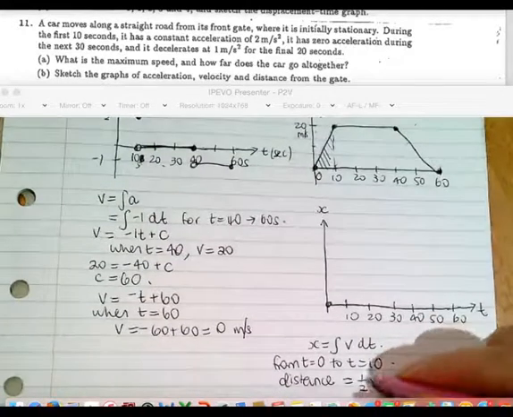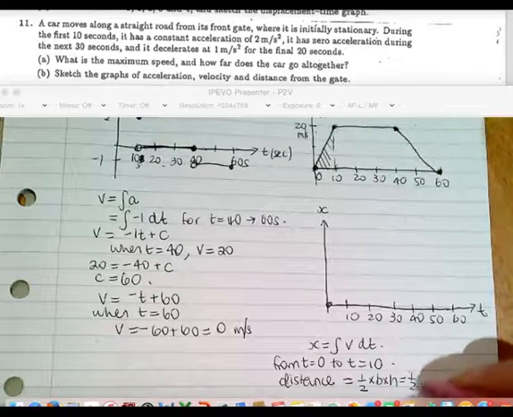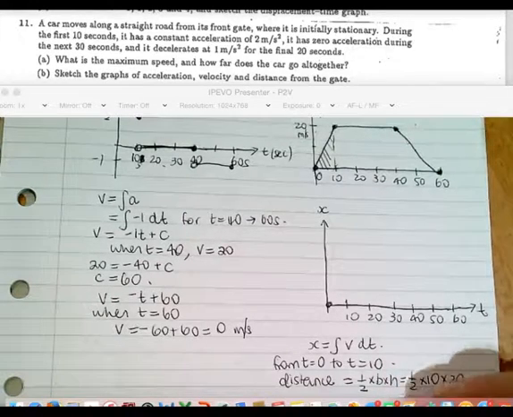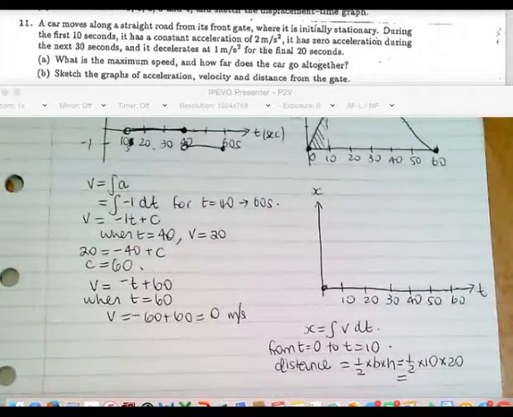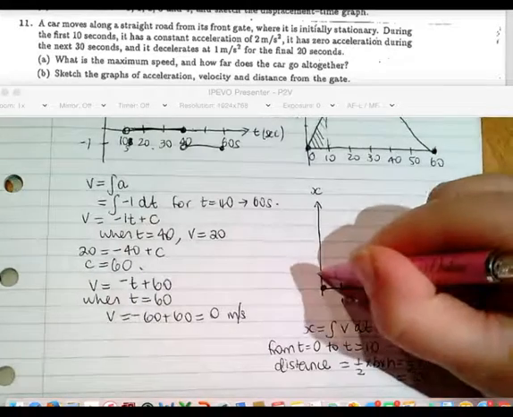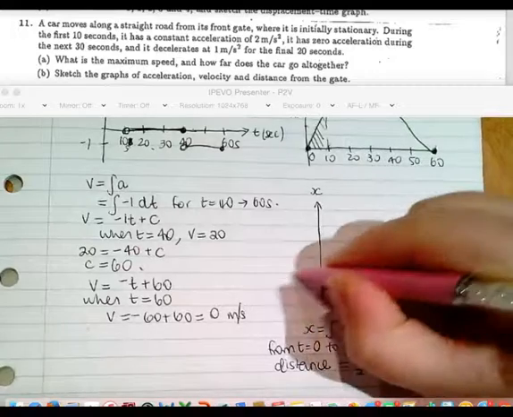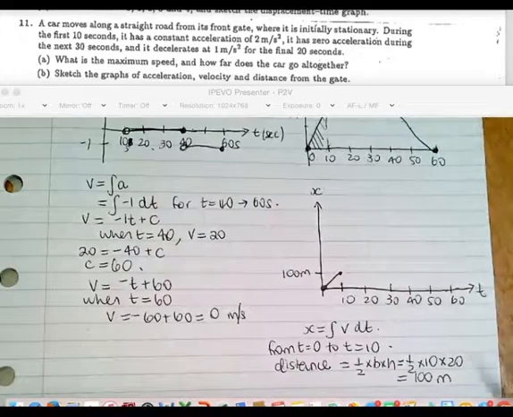So it's a half times b times h in that triangle, which is a half times 10 times 20, which is 100 metres. So therefore, in the first 10 seconds, we travel 100 metres. I'm going to make that 100 metres.